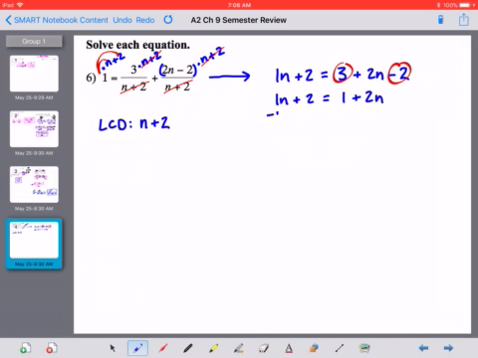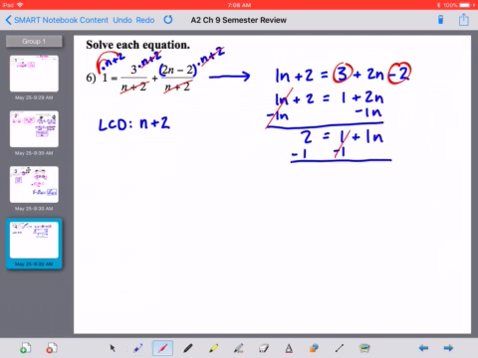And I'm going to subtract this 1n from both sides, which is going to give us 2 equals 1 plus 1n. And lastly, I can subtract 1 from both sides, so these ones here will cancel. 2 minus 1 gives me 1 equals 1n, or just n equals 1. So my answer for this equation would be 1.